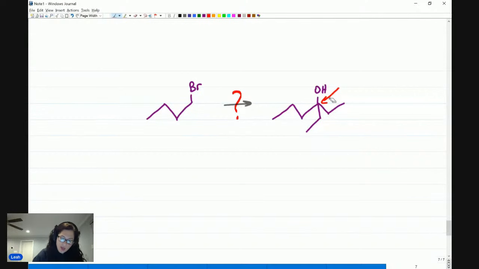And so the carbon that is holding the alcohol, that carbon right there, would have come from a carbonyl, and then anything that was added would have been a Grignard. So that right there would have been one Grignard. We'll call that MgX right there. And that right there would have been the other Grignard.